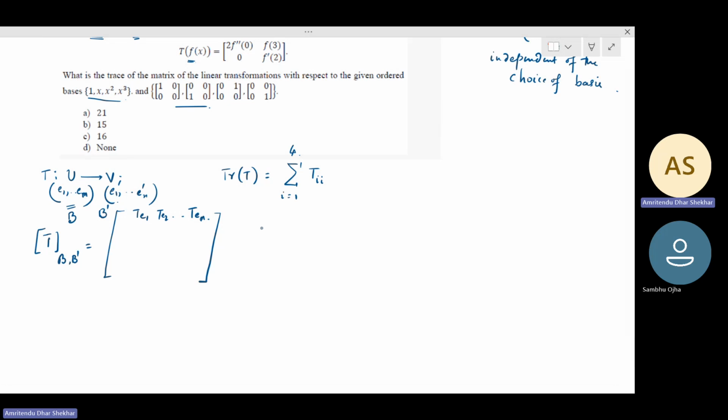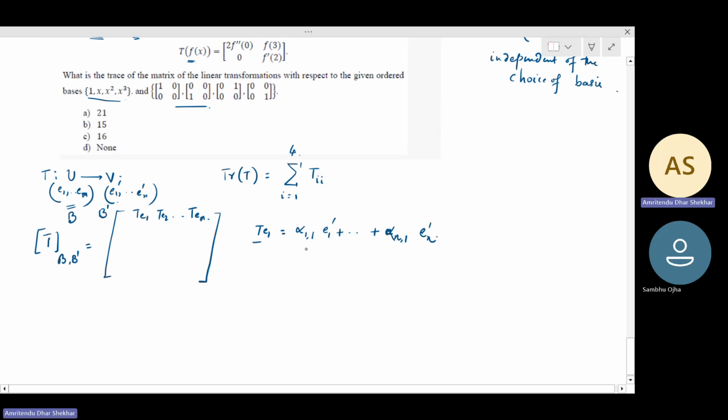So in other words, let's say TE1 is equal to alpha 11 E1 prime up to some alpha n1 En prime.